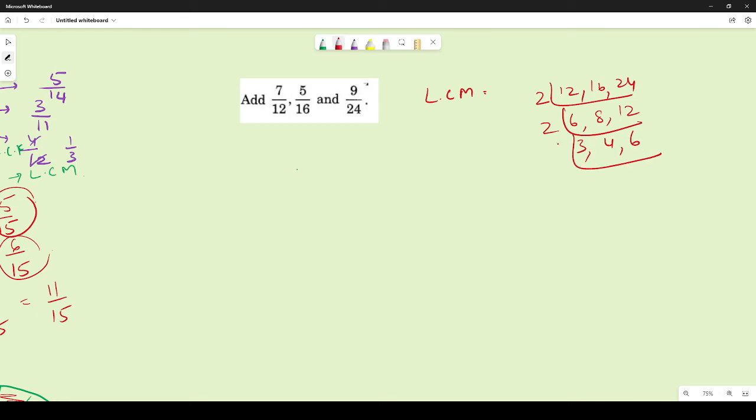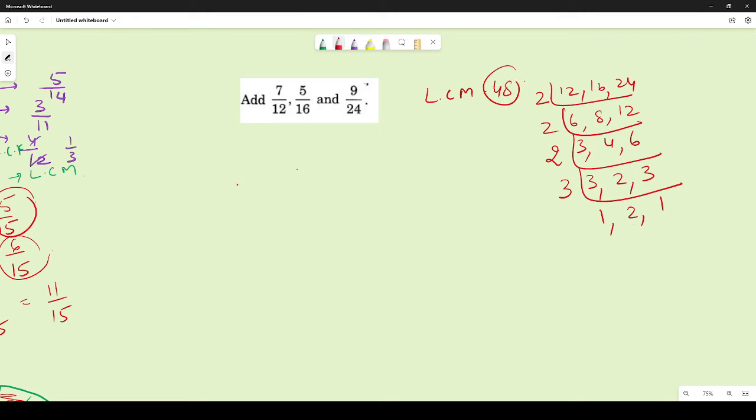Again 2, 3, because it is not divisible, so it will simply be brought down. 2, 3. Now again 3, 3 ones 3, 2 is brought down, 3 ones 3. So 2 2s 4, 4 2s 8, 8 3s 24, 24 2s 48. So here the LCM is 48.